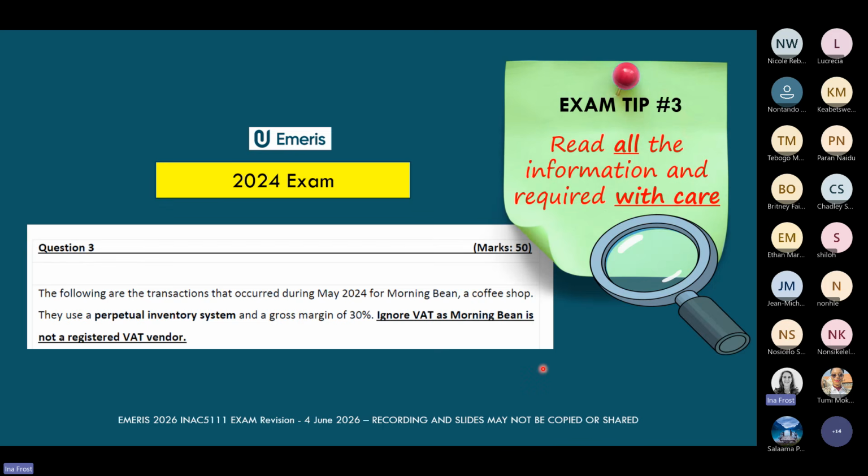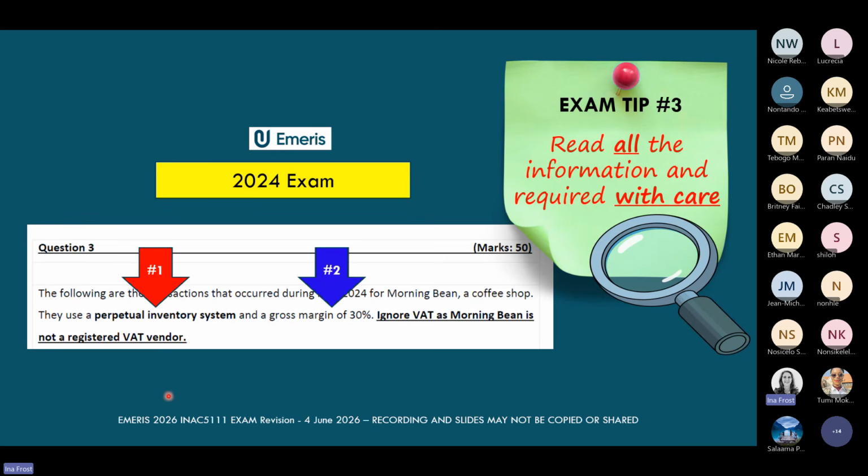The first bit of important information is which inventory system is being used in the question, because we've now established that our accounting entries are going to look different for the two inventory systems. So for this question, they're telling us we're using perpetual inventory.